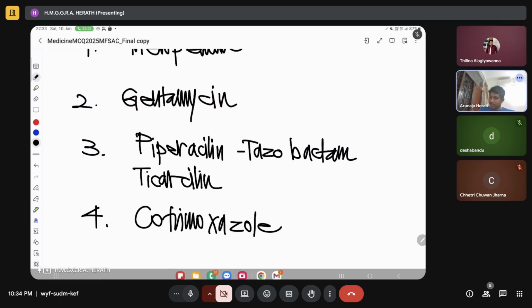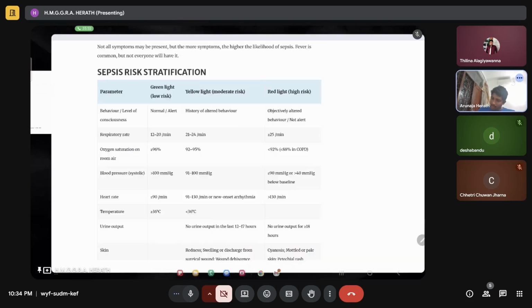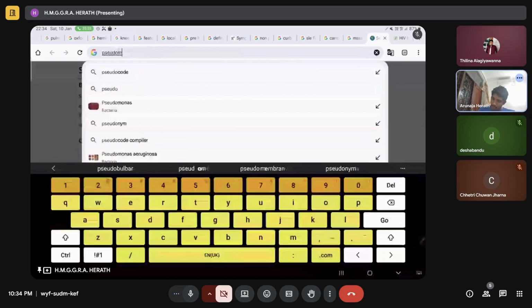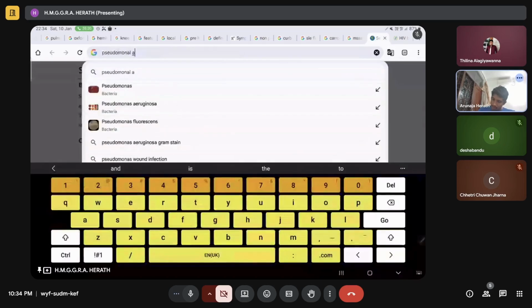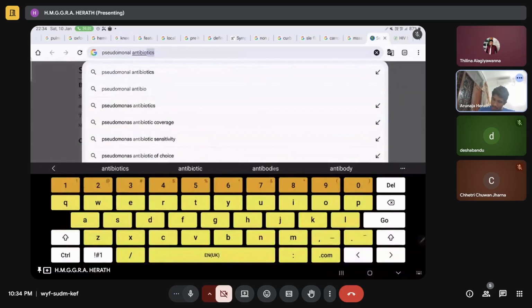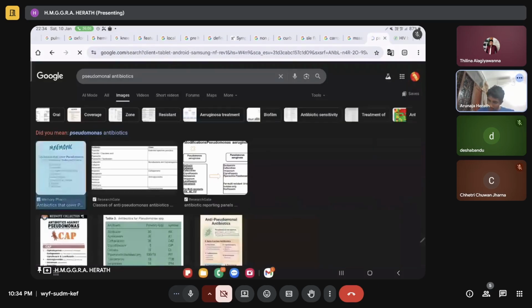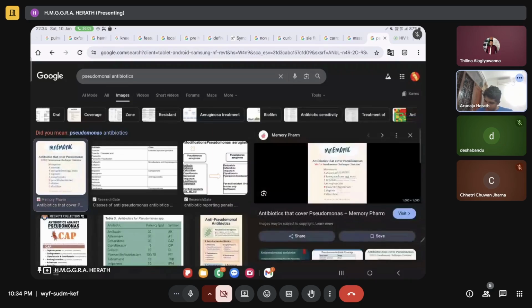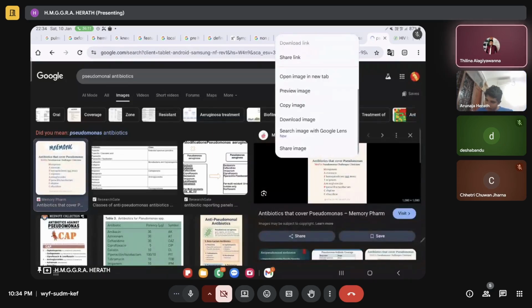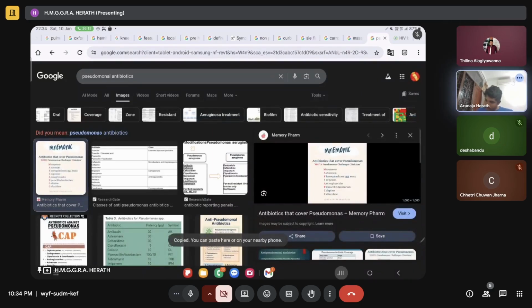There is a mnemonic for this. This might also be asked for, right? Pseudomonal antibiotics. This is one.